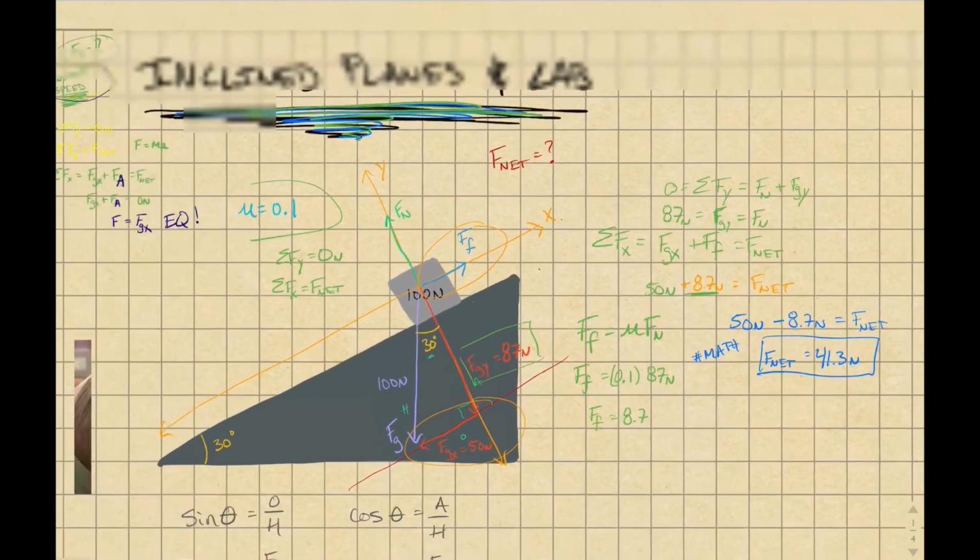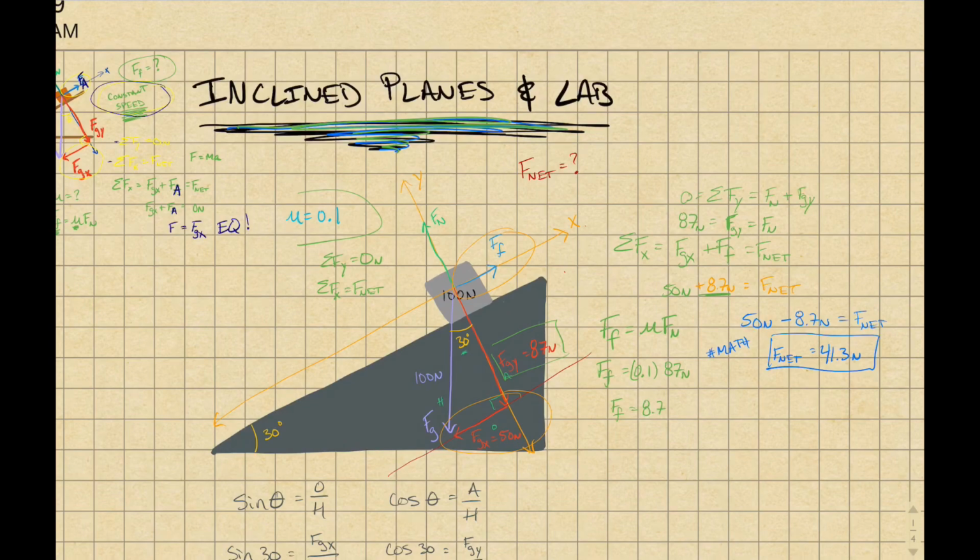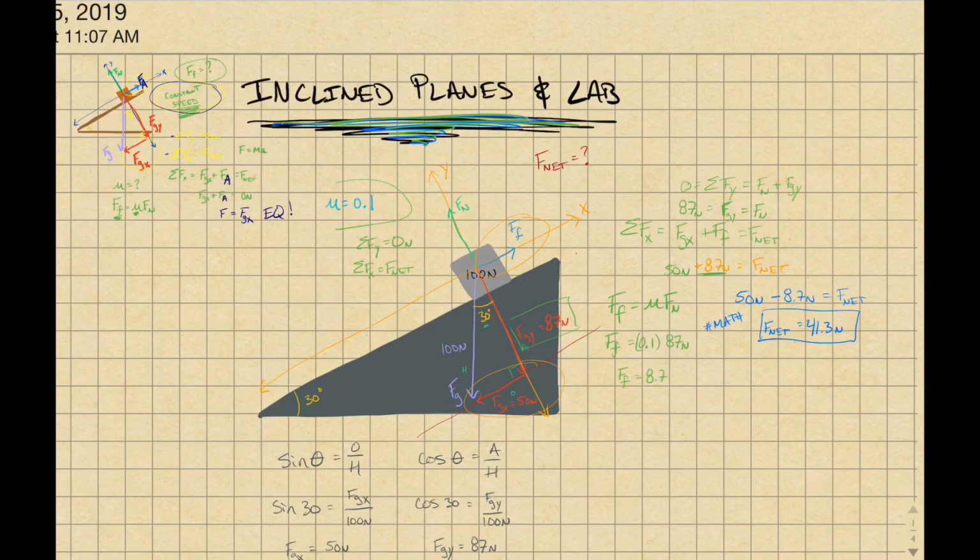When you look back at all the things that we did here, just for this one problem, we had to draw this gigantic picture, and we had to make sure we drew it correctly so we could do our trig correctly. Then we had to come down here and do our trig. But really, when you look at all these crazy formulas and all these forces with all these subscripts, what it comes down to is really just addition and subtraction.